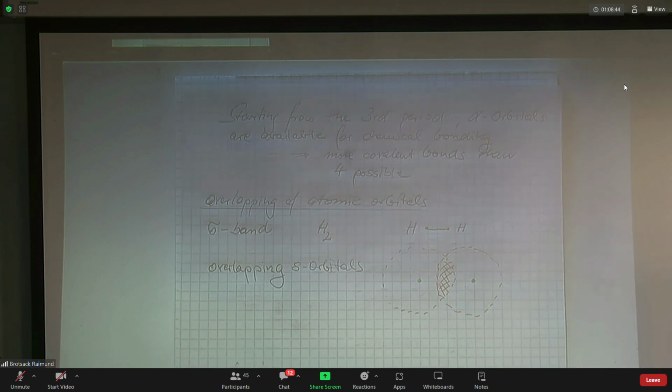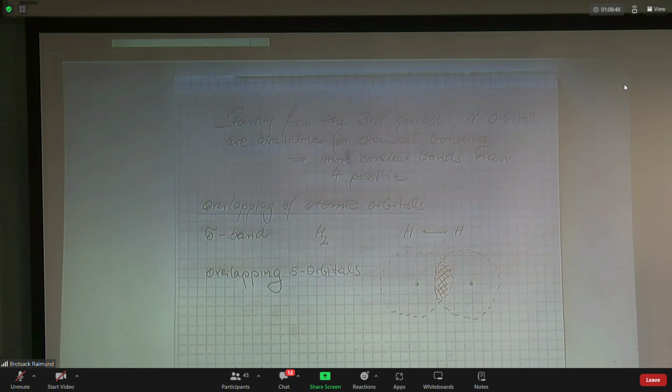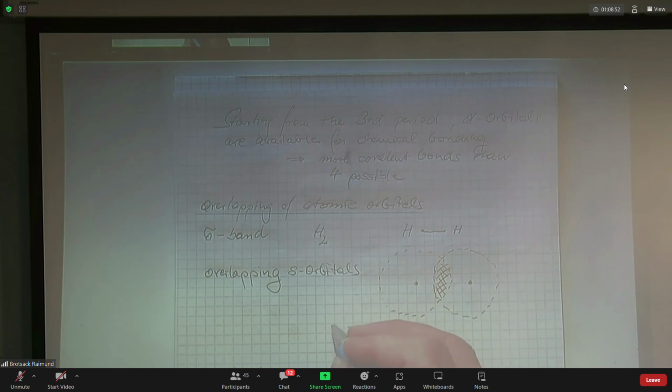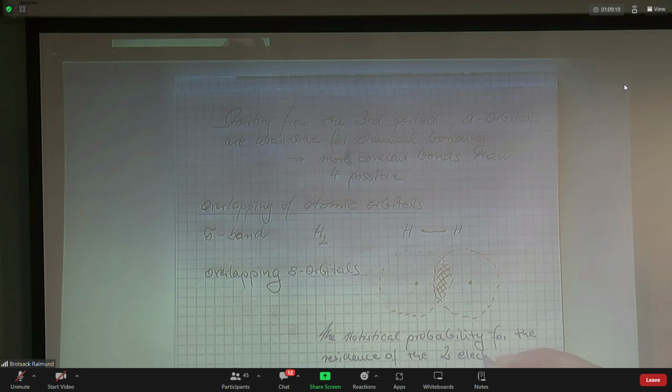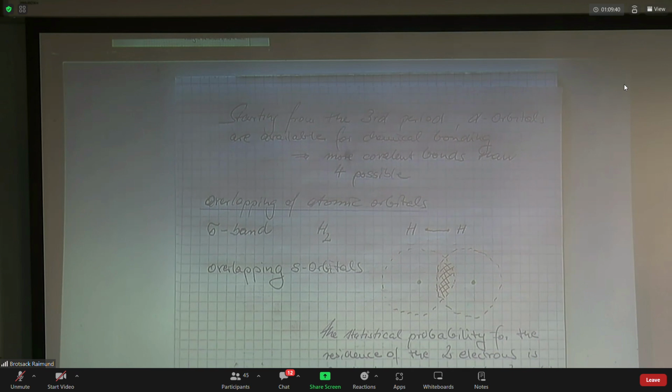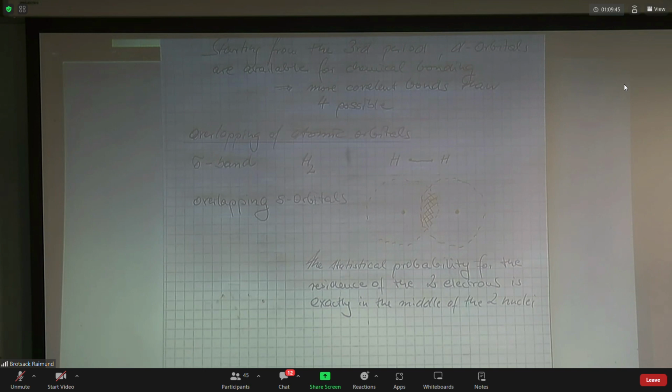So the statistical probability for the residence of the two electrons is exactly in the middle between those two nuclei.